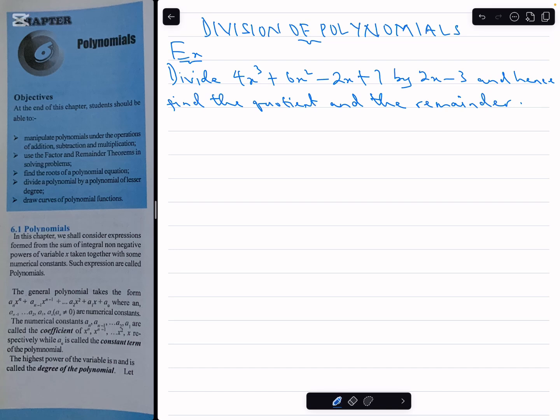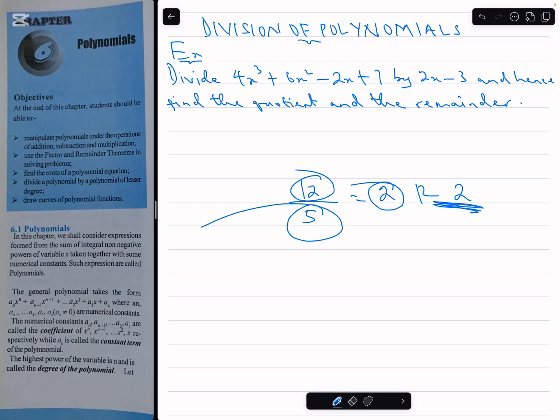First of all, if I divide 12 by 5, the result will be 2, and the remainder will also be 2. So 12 is called a dividend. 5 is called the divisor, and the result is a quotient, while whatever is left is a remainder.